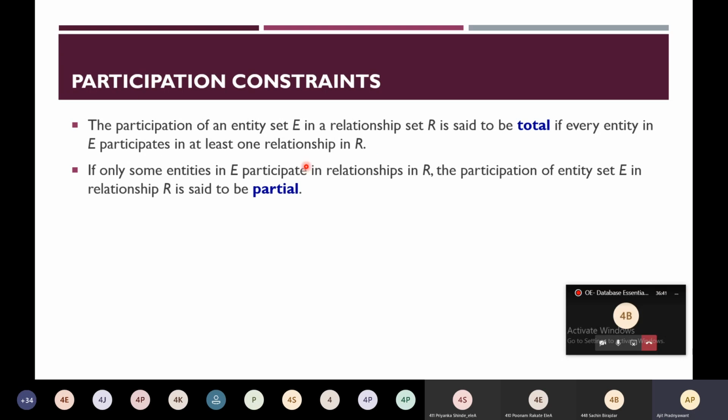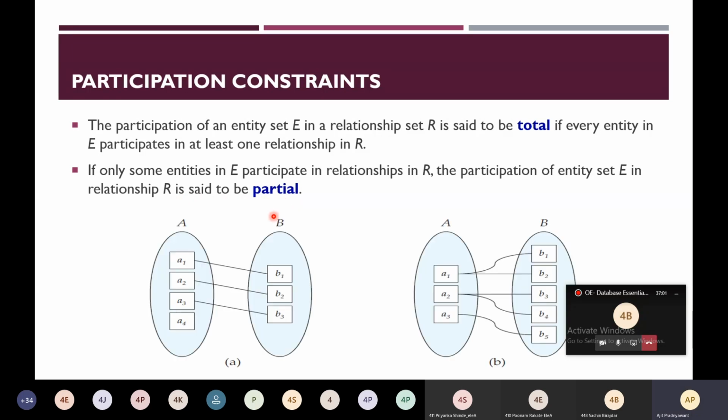Whereas if only some entities in entity set E participate in the relationship set R, then the participation of entity set E in relationship R is said to be partial. Diagrammatically, it will look like this.